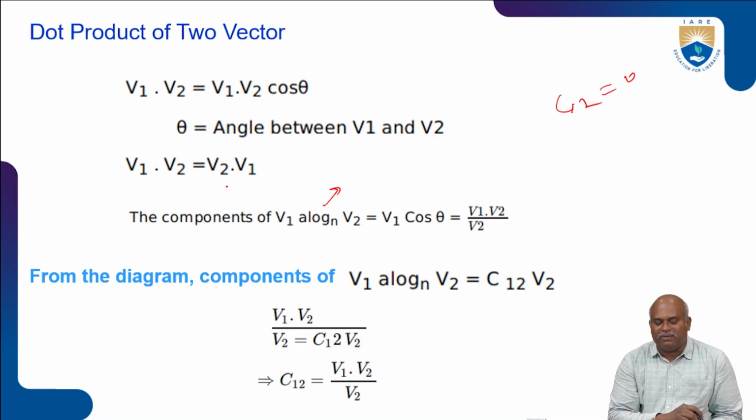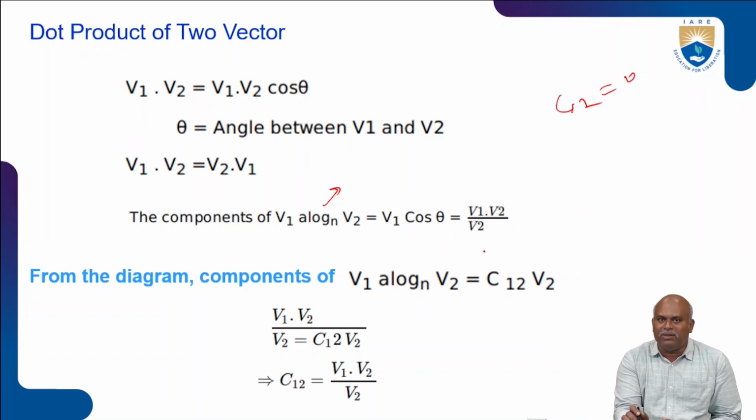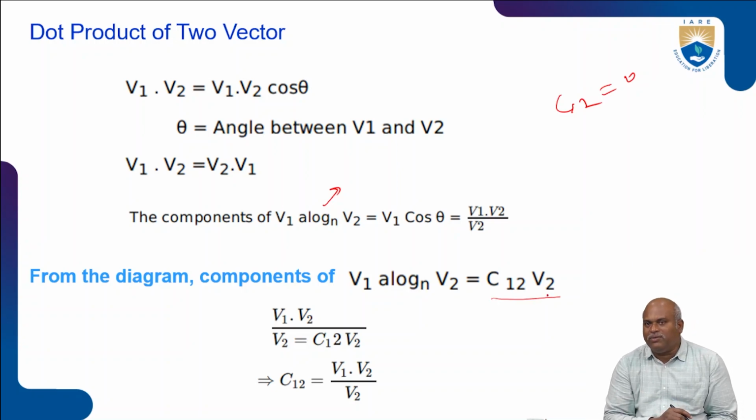So from this equation V1 V2 is equal to V2 into V1. Now I represent V2 equal to V1 cos theta, and that value is equal to V1 V2 divided by V2. From the diagram, the component of V1 along V2 is equal to C12 V2.